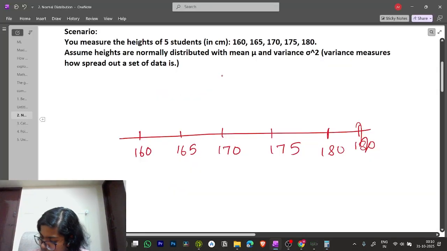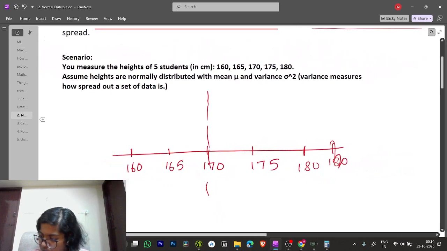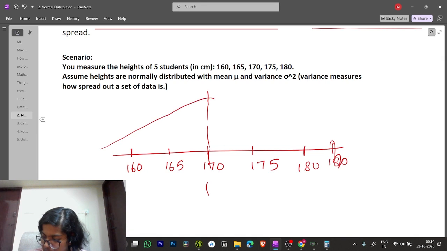So 170 is the mean. Now, how do we draw the bell curve? It peaks at the mean and it is distributed this way. Okay, so this is the bell curve.